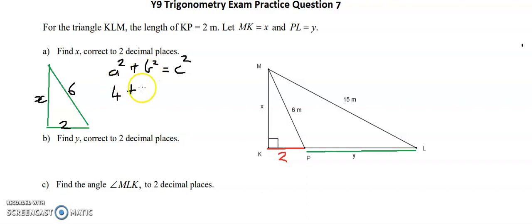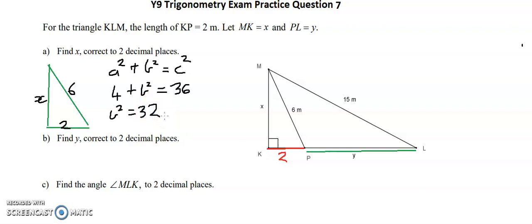My b, I don't know, so leave it as b squared, is equal to c, which is 6 squared. 6 squared is 6 times 6, which is 36. I would like to get b by itself, so I'm taking away 4 from both sides. That leaves me with b squared equals 36 minus 4, which is 32.